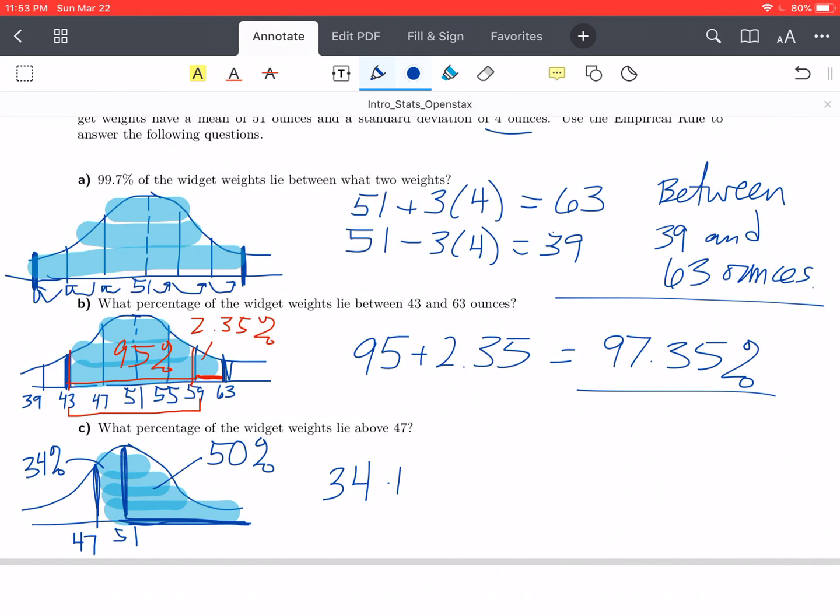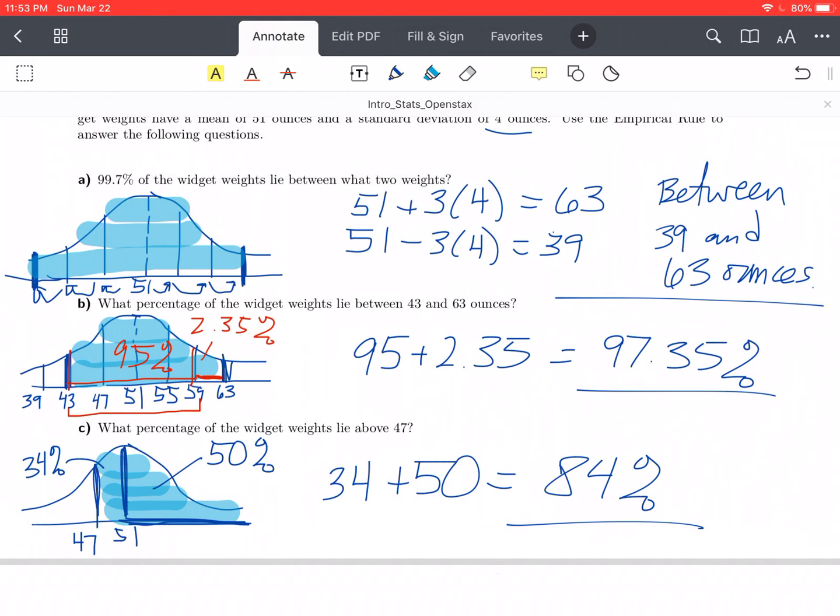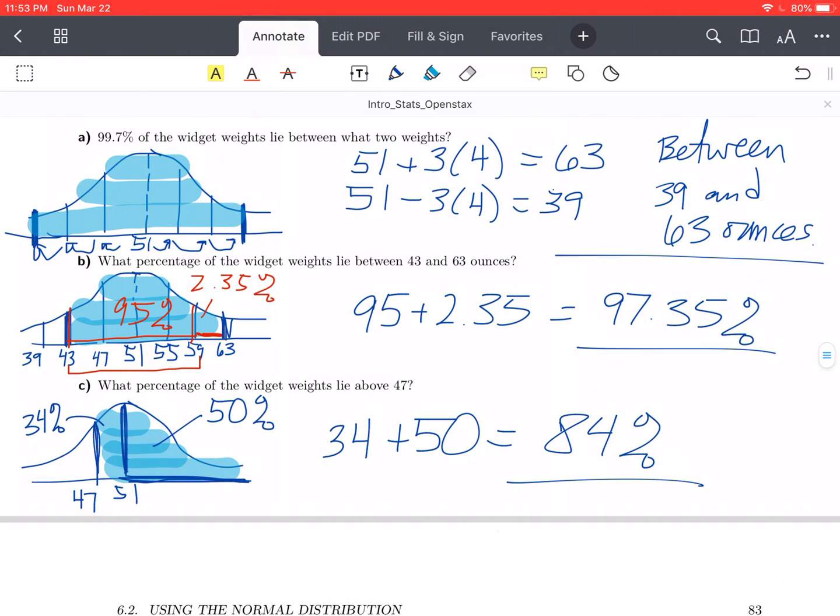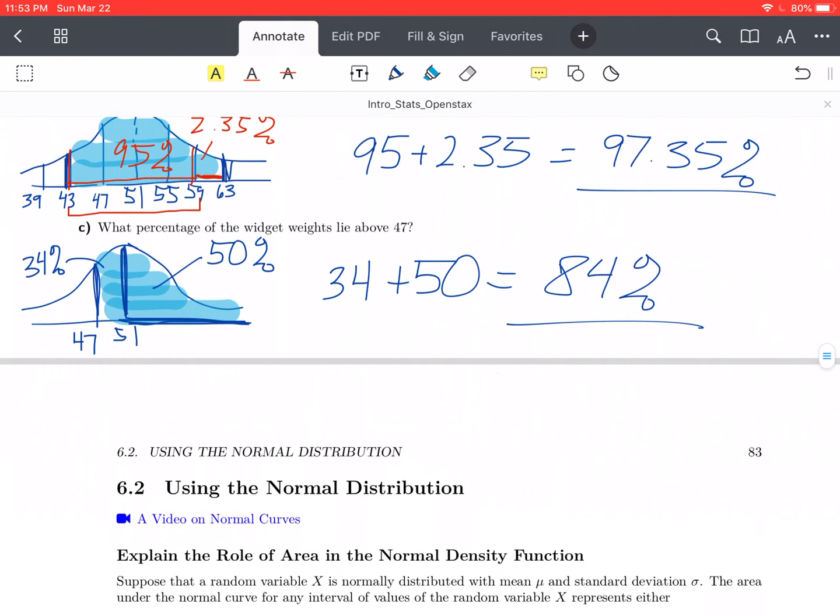So we have 34 plus 50, and that's 84% of those weights should lie above 47 ounces. All right, and that is section 6.1.